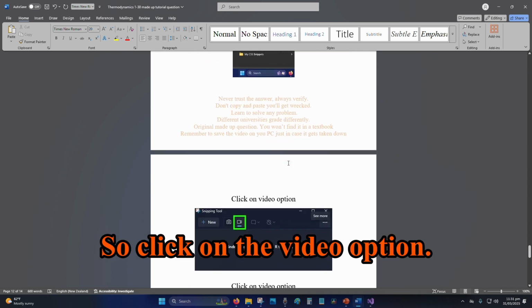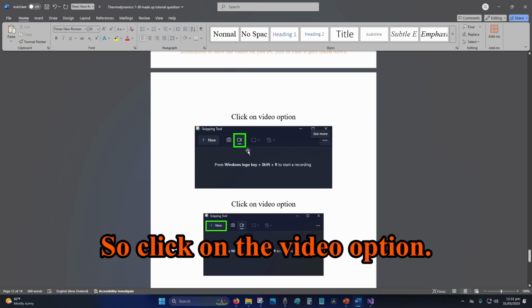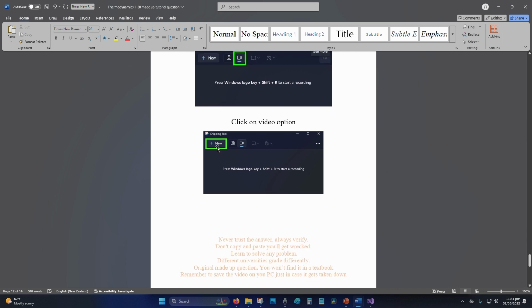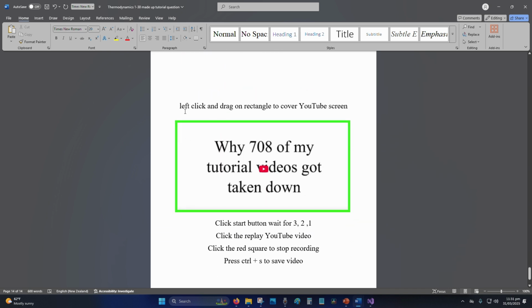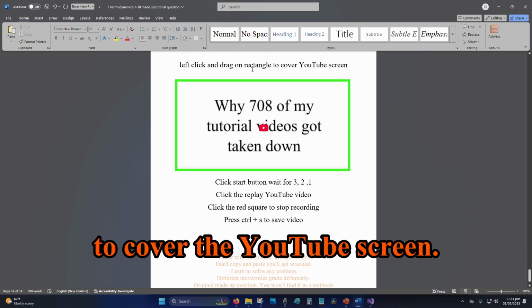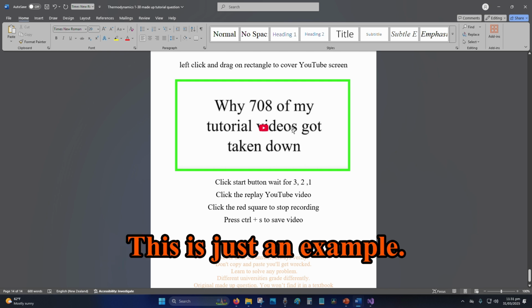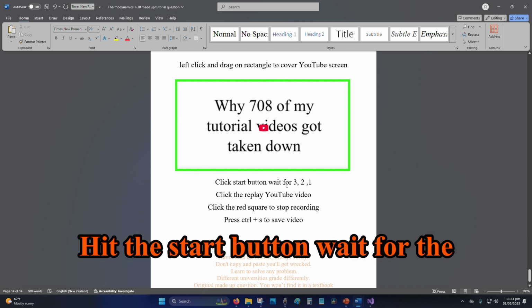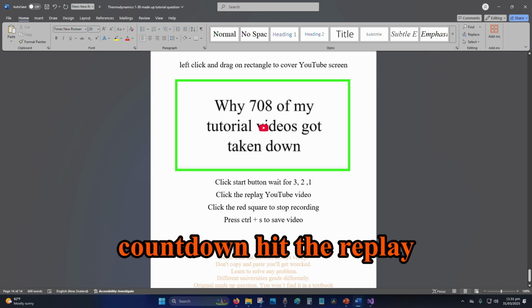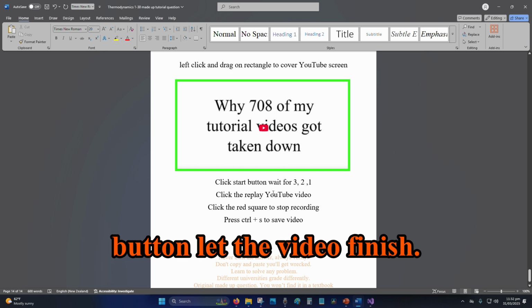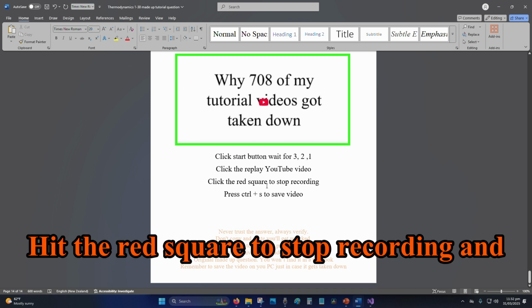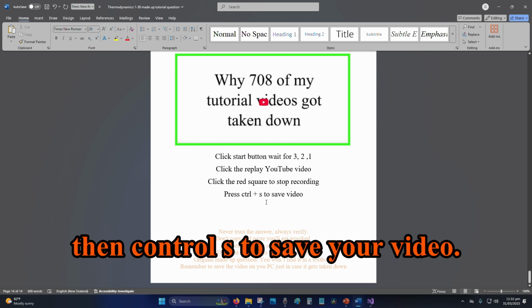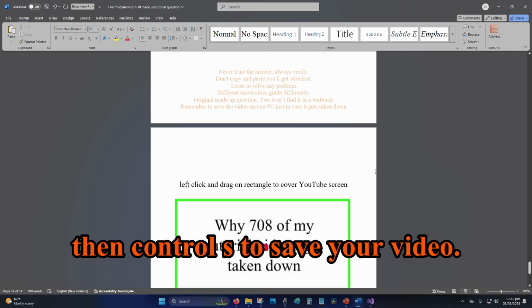Okay, so click on the video option. Click on New. Left click, drag the rectangle to cover the YouTube screen. This is just an example. Hit the start button, wait for the countdown. Hit the replay button, let the video finish. Hit the red square to stop recording, and then Control S to save your video.